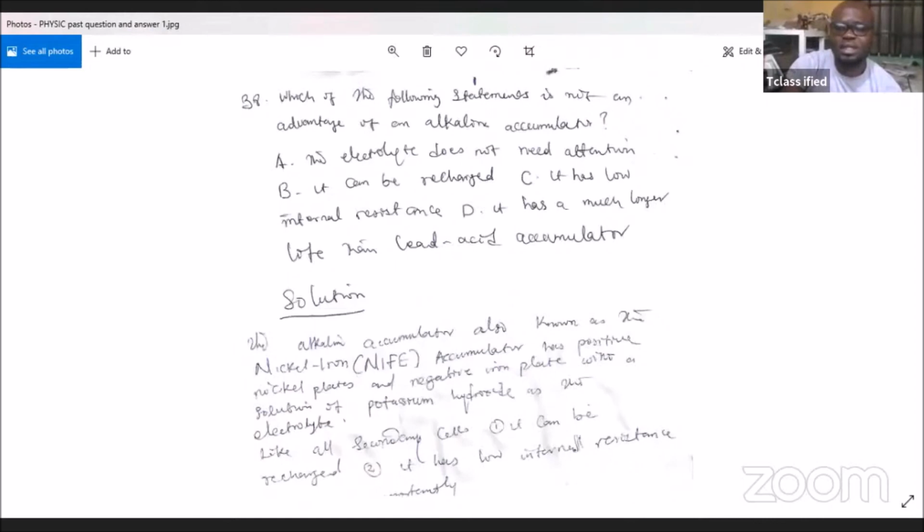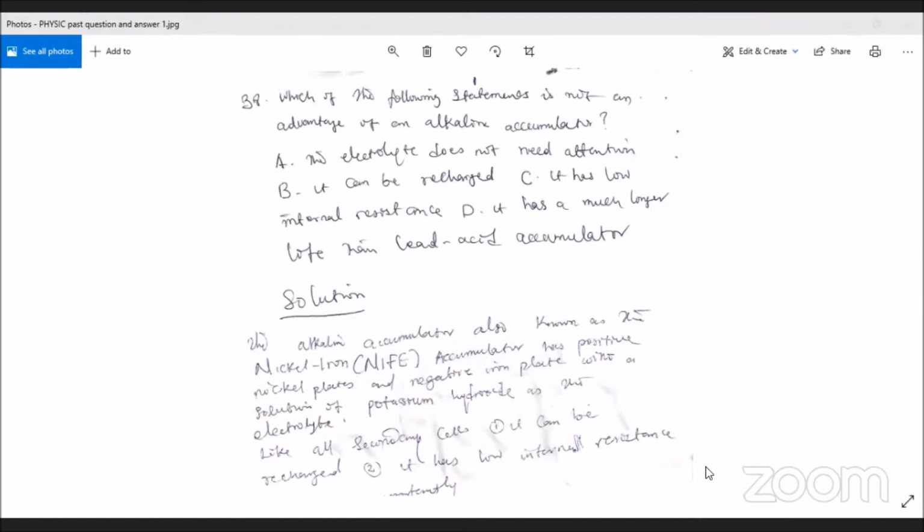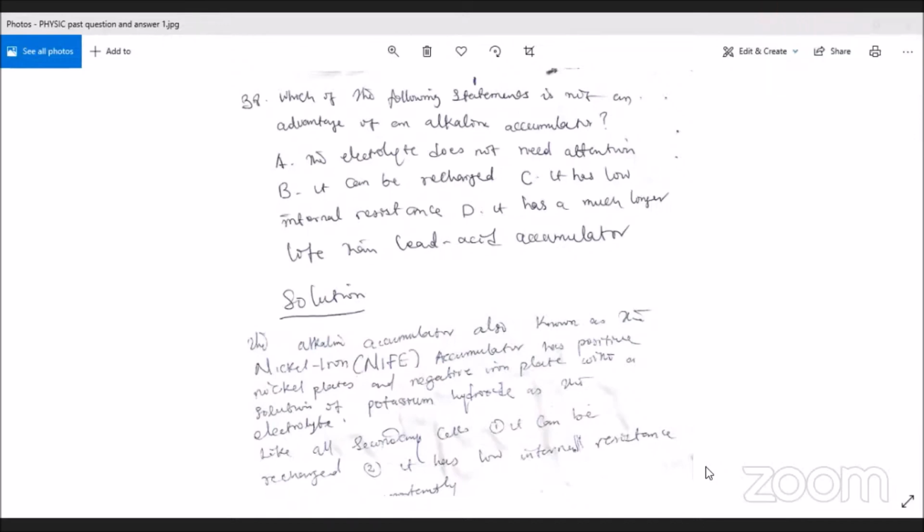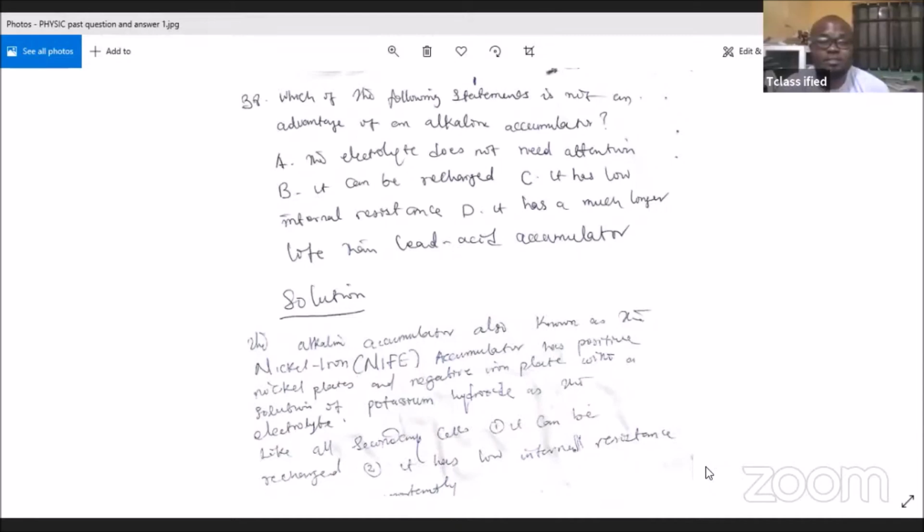What do you think is the answer with what I just stated so far? Which one? Much longer life than the lead acid accumulator. No, that's an advantage. It's asking you for the one that is not.